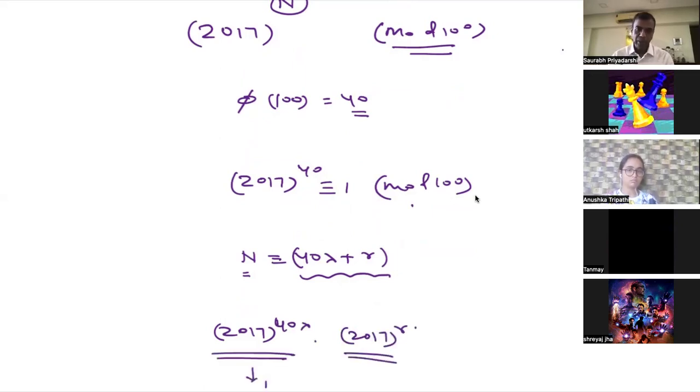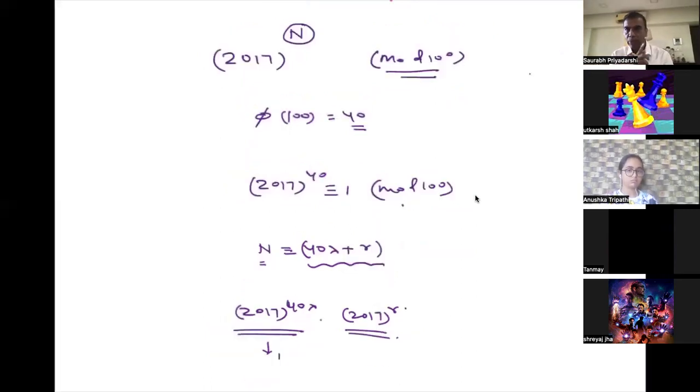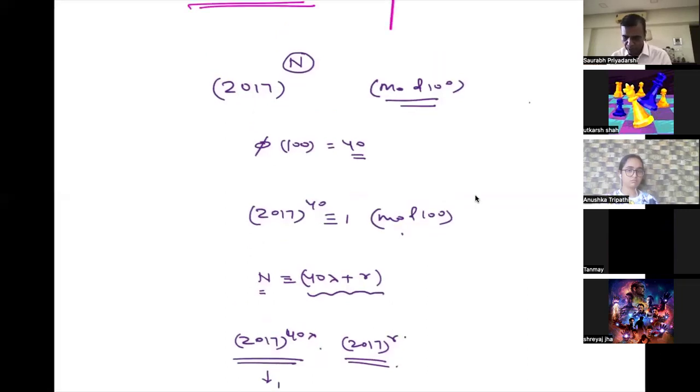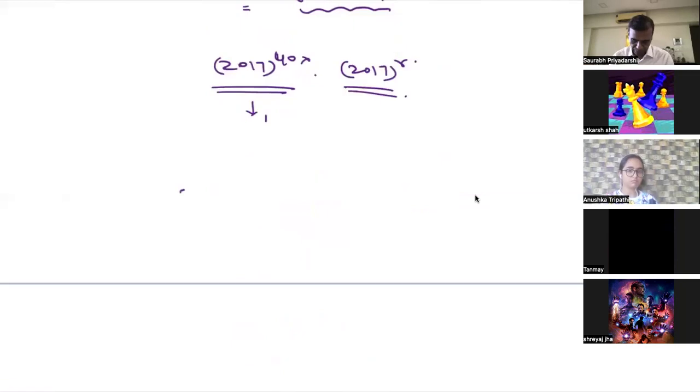Means what I have to do with the powers? The power must be in the form of 40 lambda plus r. Means 2018 to the power 2019 giving some number mod phi of 100.